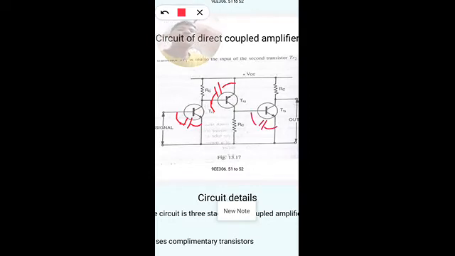So this electrode capacitance will come at high frequencies. Here electrodes of the transistor act as positive and negative plates. Base and emitter act as electrodes.